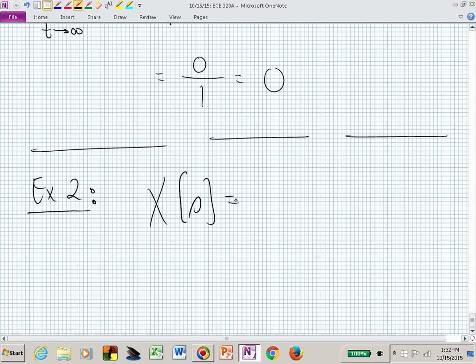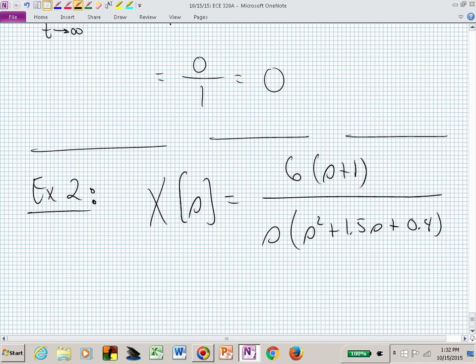Capital X of S is 6 s plus 1 over s squared plus 1.5 s plus 0.4.